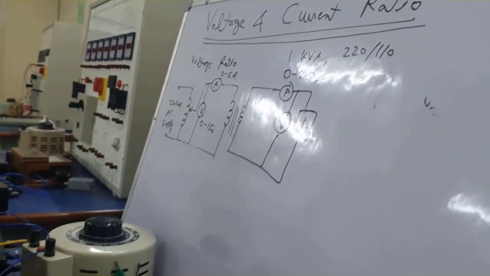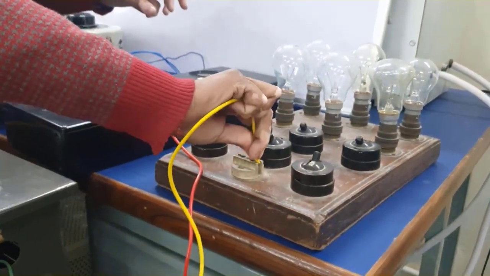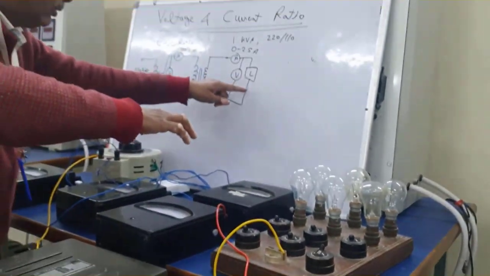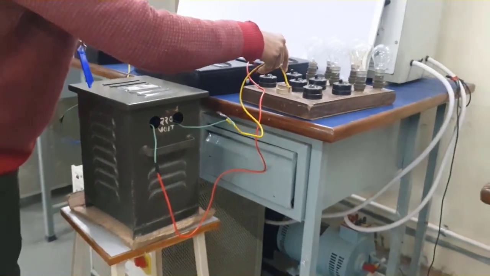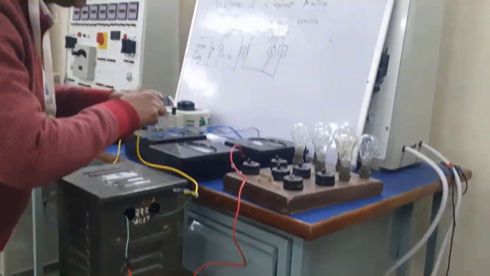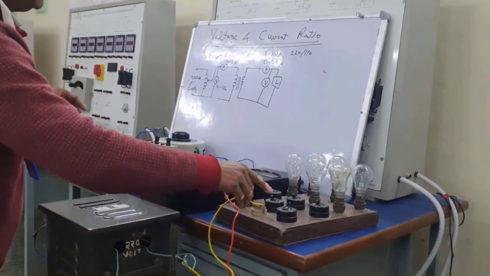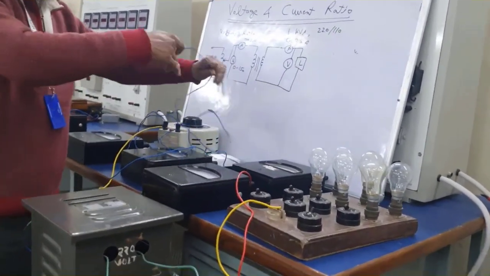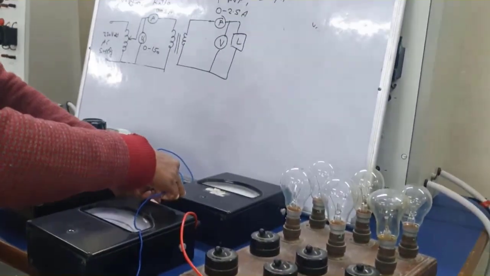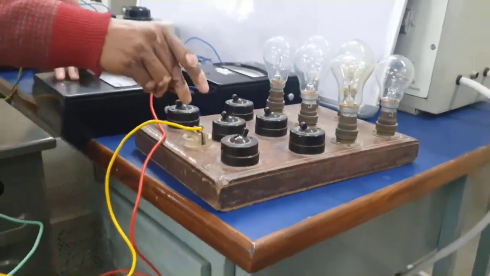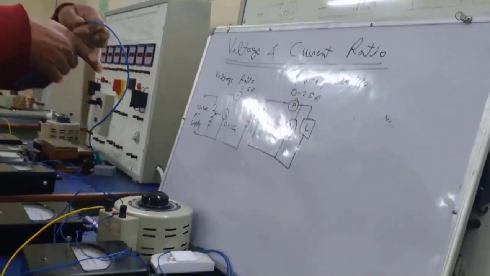This is going to the load. It is connected to the load, and the load is connected to the winding. The ammeter's second point is connected to the load. Yes, and you may also connect a voltmeter here.